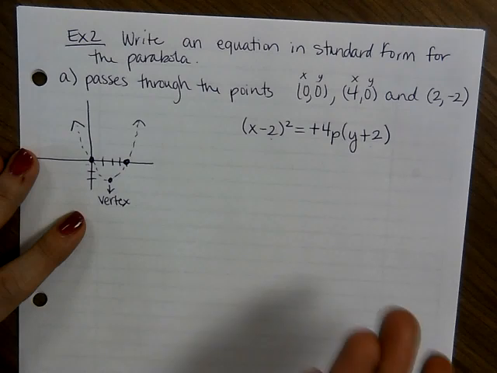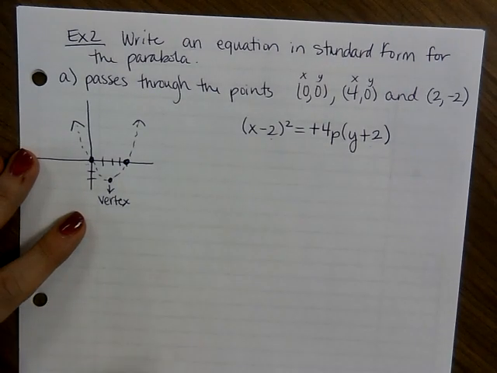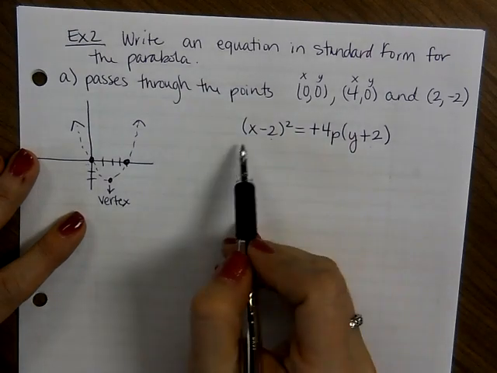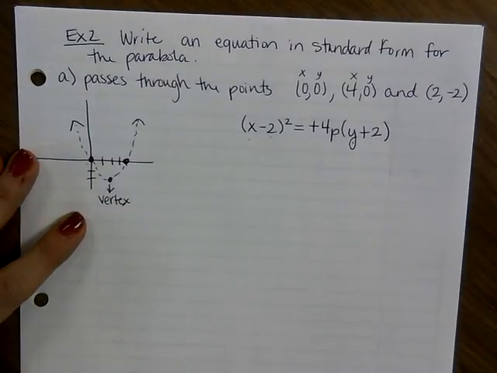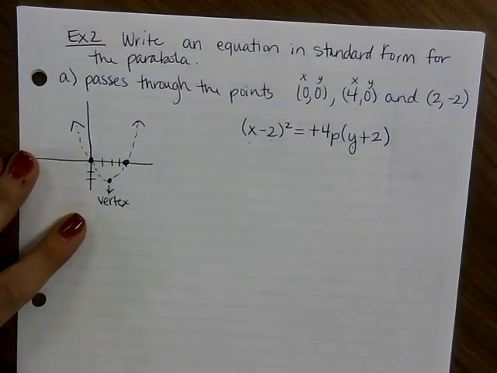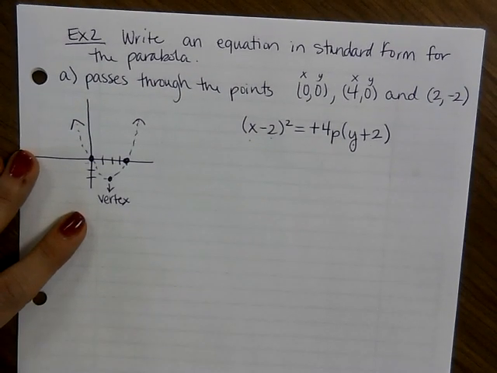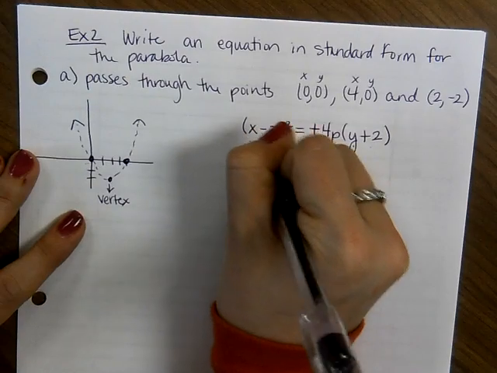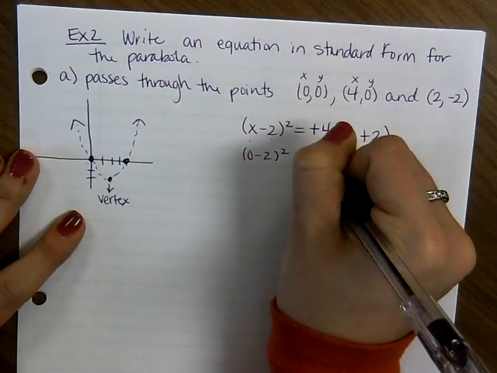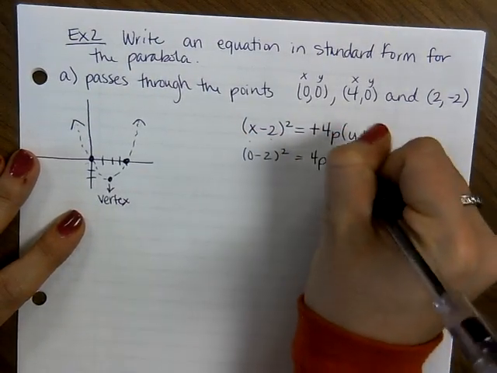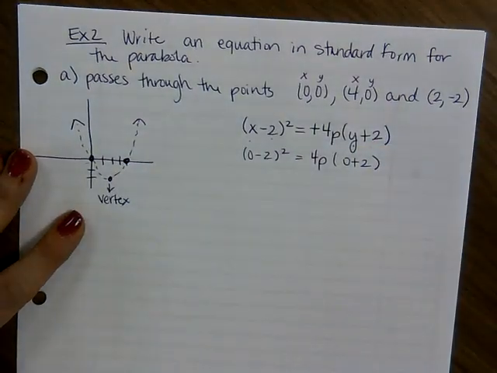Don't you have two solution points of the parabola? Both of which represent x, y, right? It's a coordinate pair. So couldn't you just substitute in one of those points for x and y and solve for p? Yeah, you could. What is the easiest one to plug in? 0. So let's do that. So 0 minus 2 squared equals 4p times 0 plus 2.